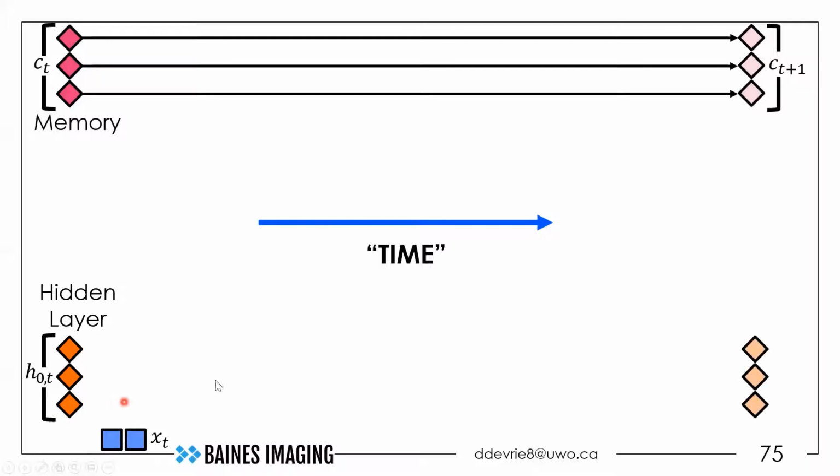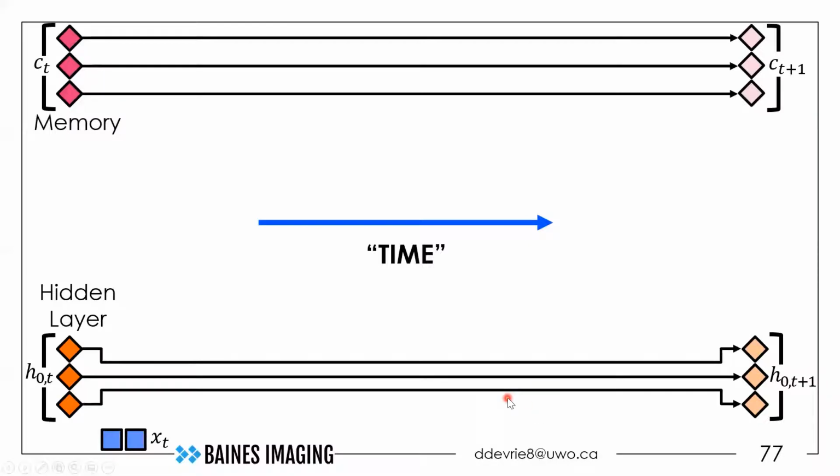And similarly to our memory, we could have our hidden layer have different values at the end of the time step. So at time step t plus 1, we will have a different shade of orange, which is representing those hidden layer values changing. So similarly to our memory, we'll plumb those up with some arrows. And right now, those arrows aren't really changing the values, but as time goes on, we'll see how we can actually change those values.